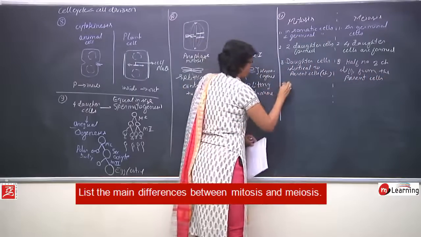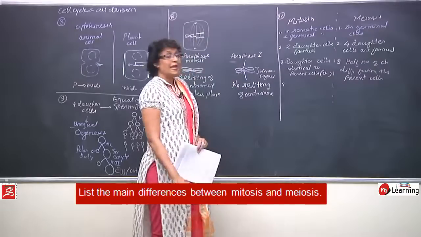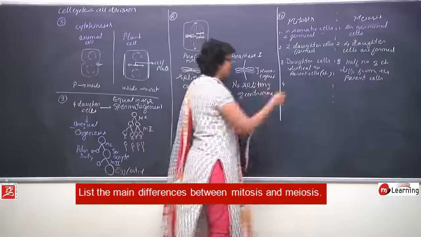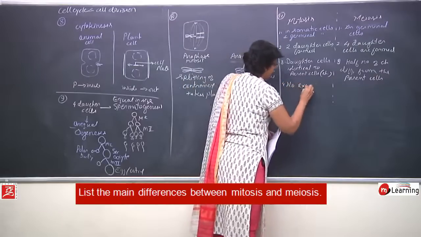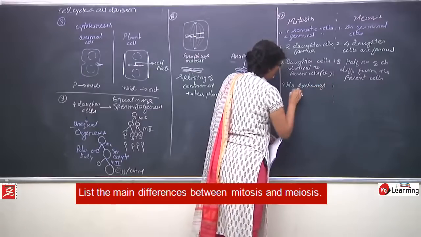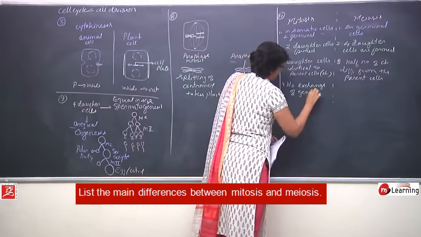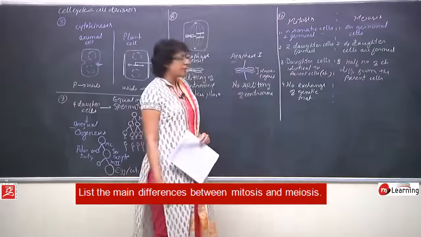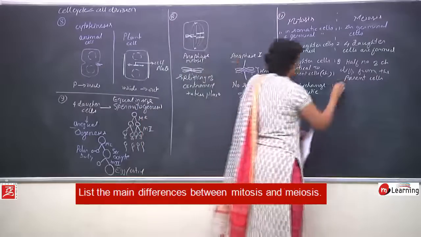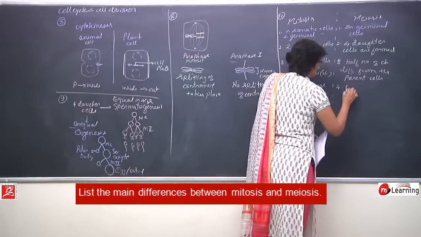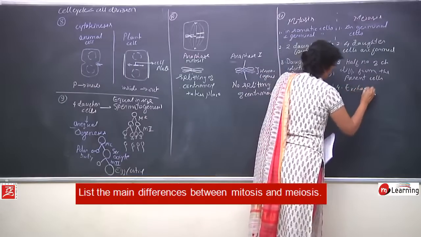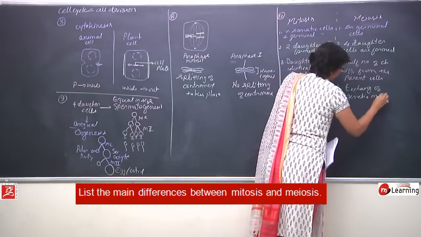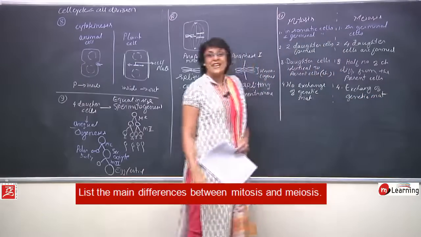Another difference which we find between these two processes, in mitosis, there is no exchange of genetic material. So, no exchange of genetic material takes place in case of mitosis, whereas in case of meiosis, exchange of genetic material takes place.